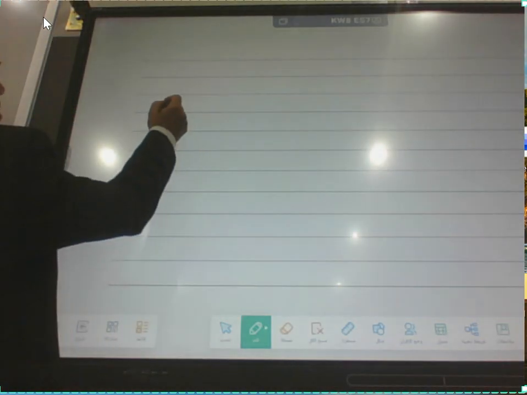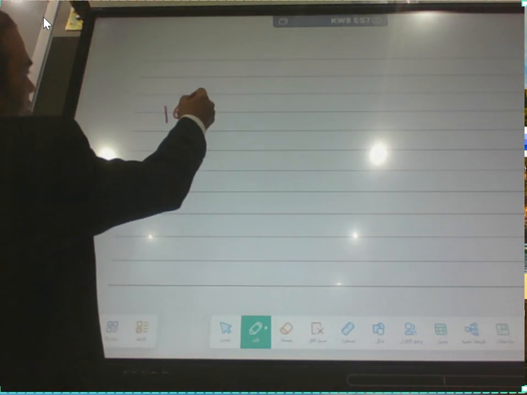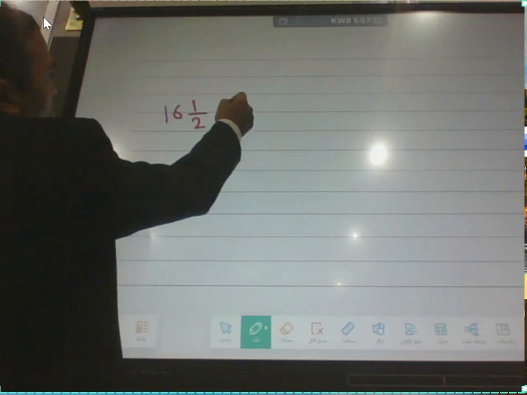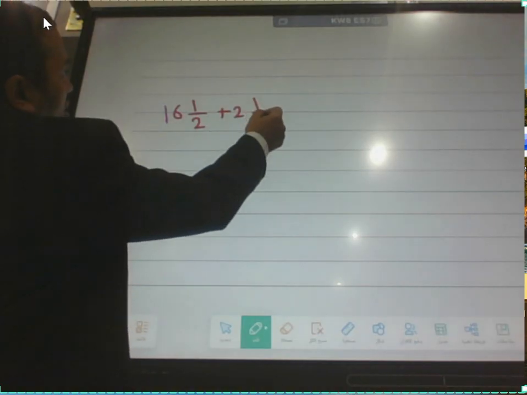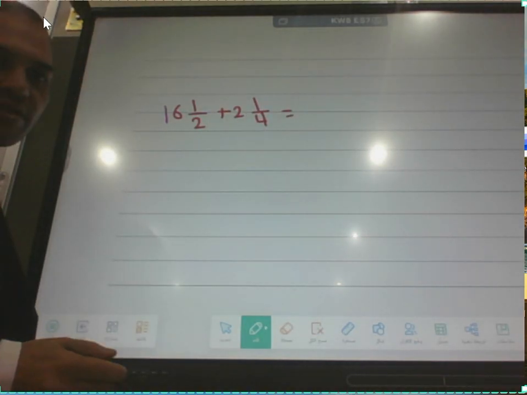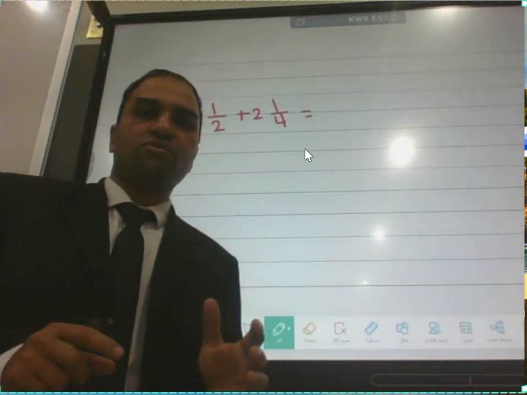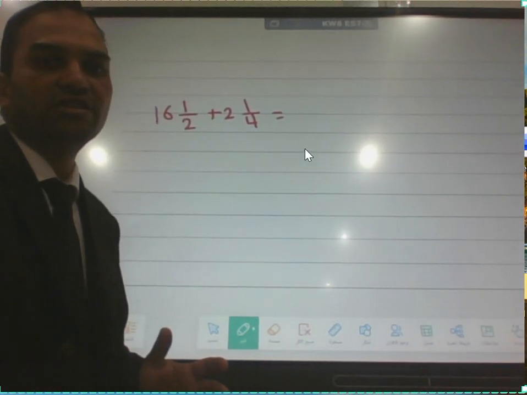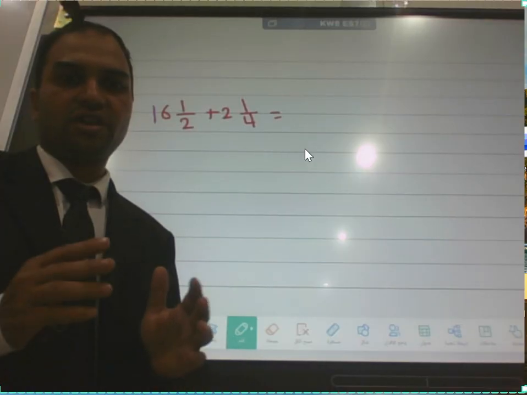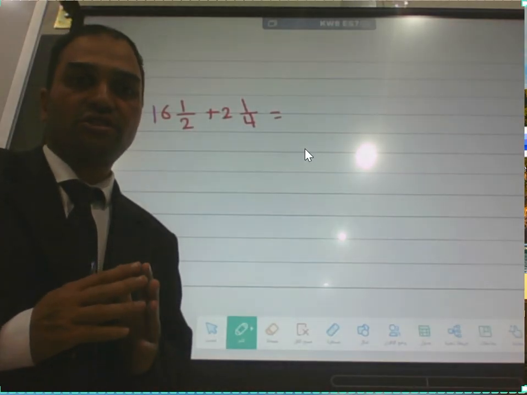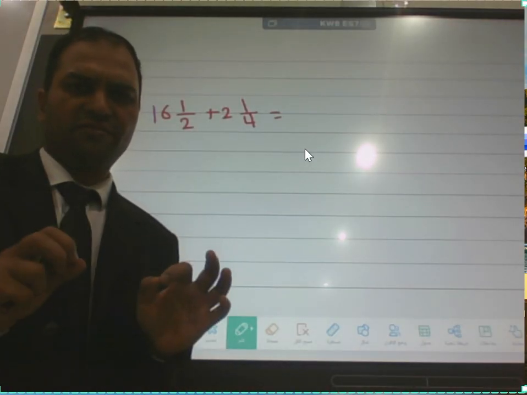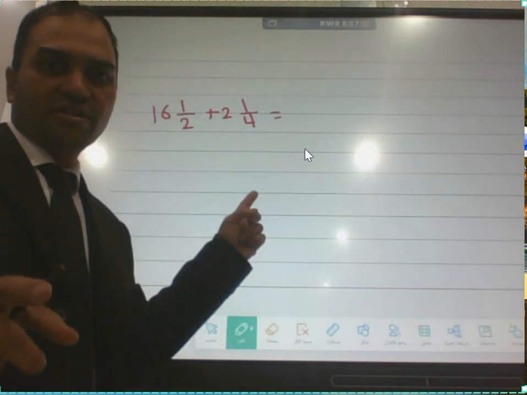Talk about 1 and 6 over 4 plus 2 and 1 over 2. Look at this example. We have here 4 and 2. You can see 4 can be divided by 2. Then 4 is the least common multiple between the numbers. First step, you must ask yourself, can this number be divided or not?